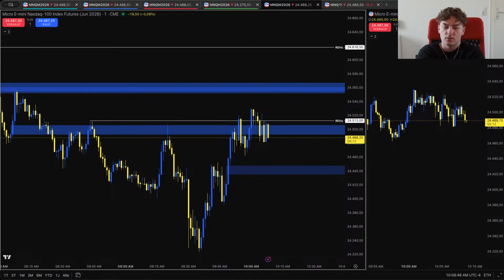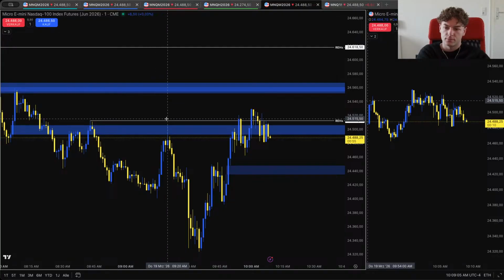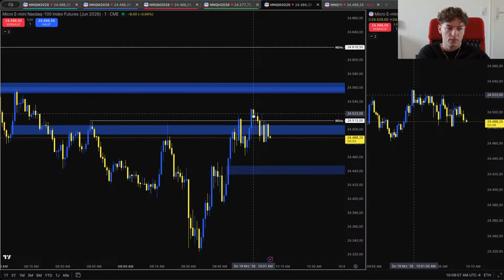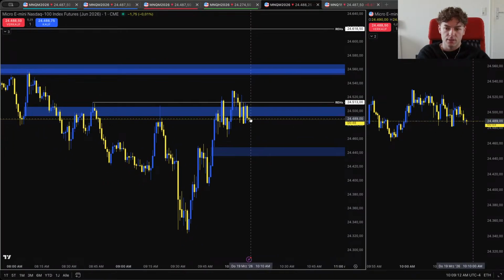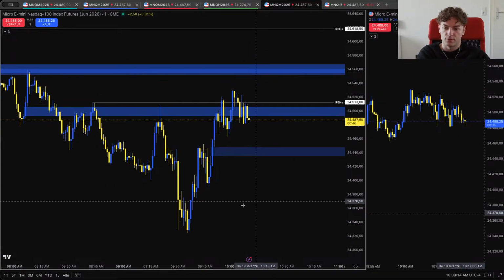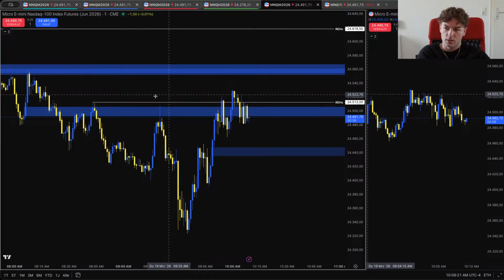If it breaks down lower now, I wouldn't necessarily trust it. Because in my opinion, if you take out buy side, if that's the real buy side, smart money wouldn't take too much time to deliver sell side because you would have taken buy side, so retail traders are stopped out.